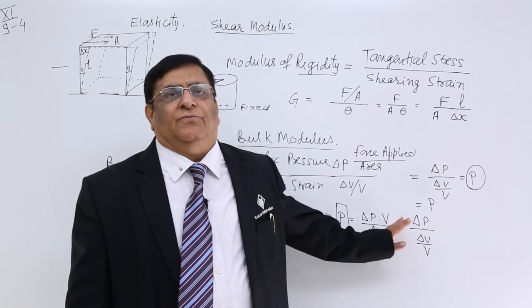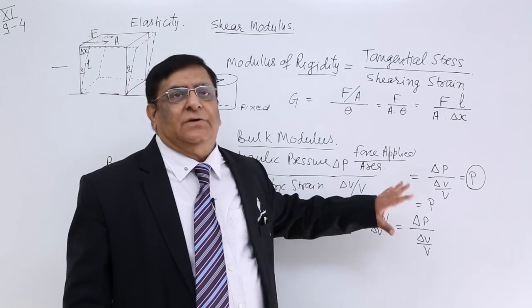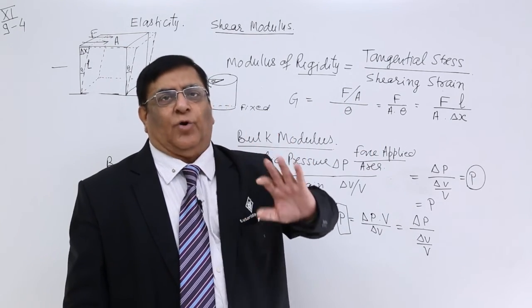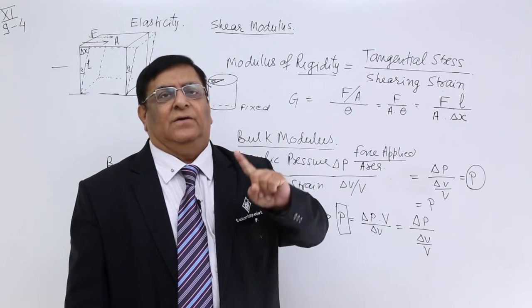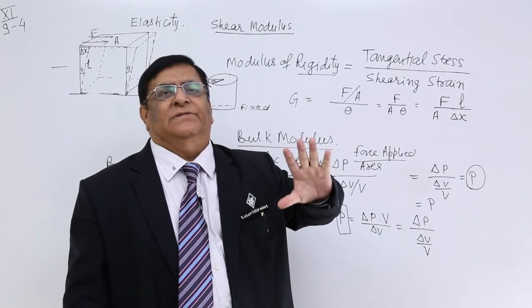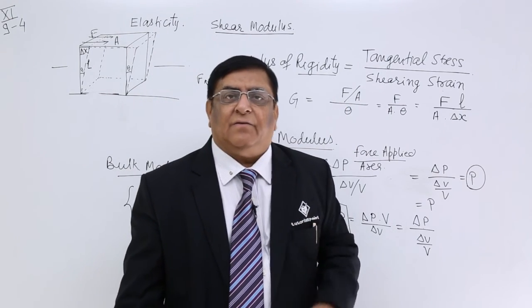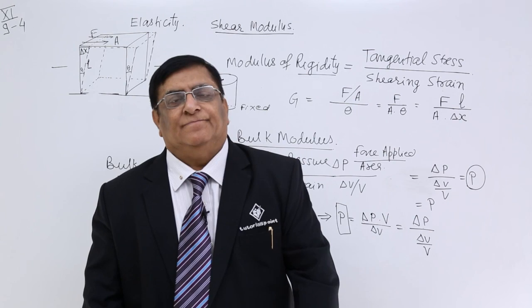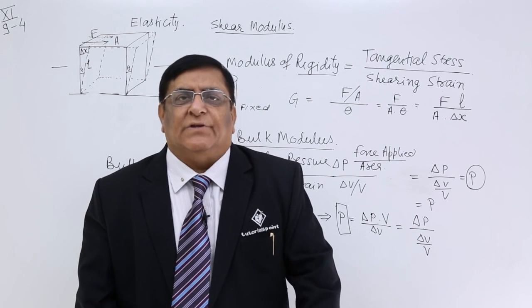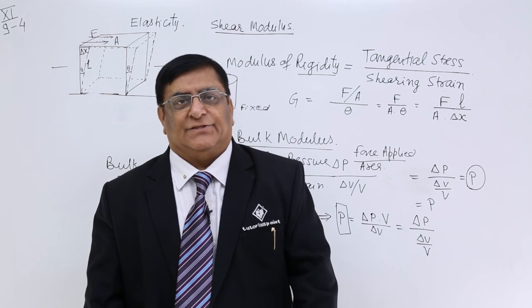With this we close the different types of elastic modulus, their behavior, elastic limit, and what happens when we apply this. When we use this material, we will see one example in the next lecture. Thank you.